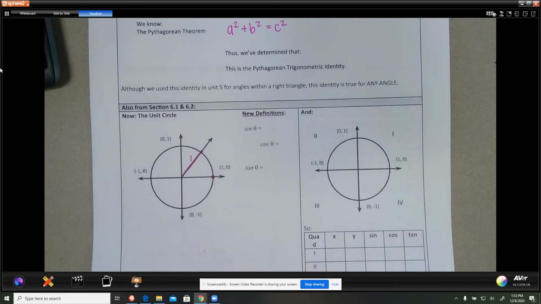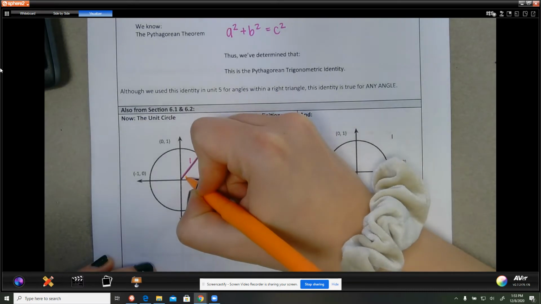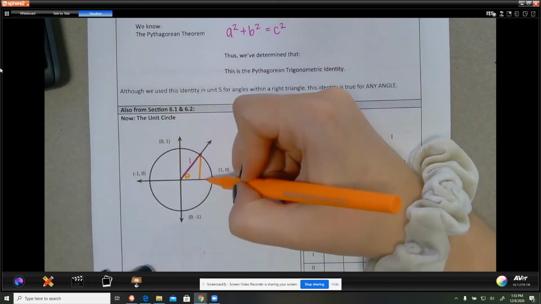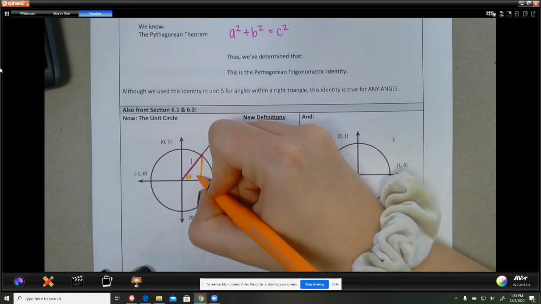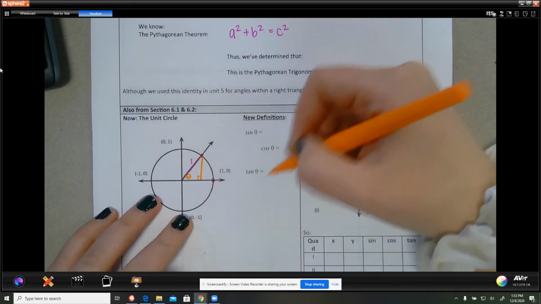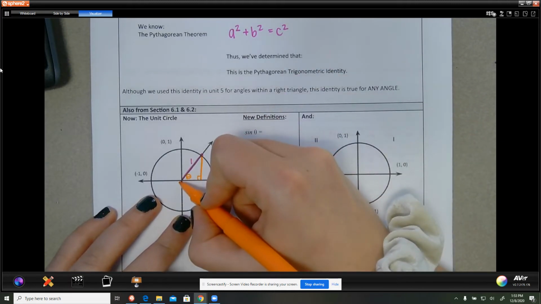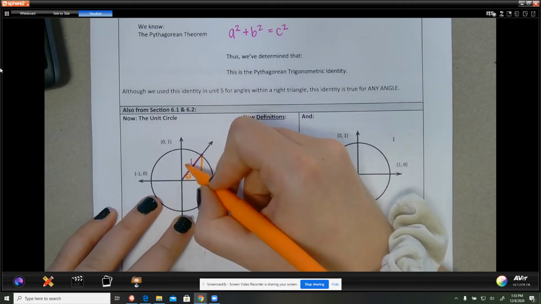So if I were to make a triangle out of this hypotenuse with this angle theta, and the right angle, then I can find sine, cosine, and tangent of theta. For sine, I would want my opposite side over the hypotenuse.